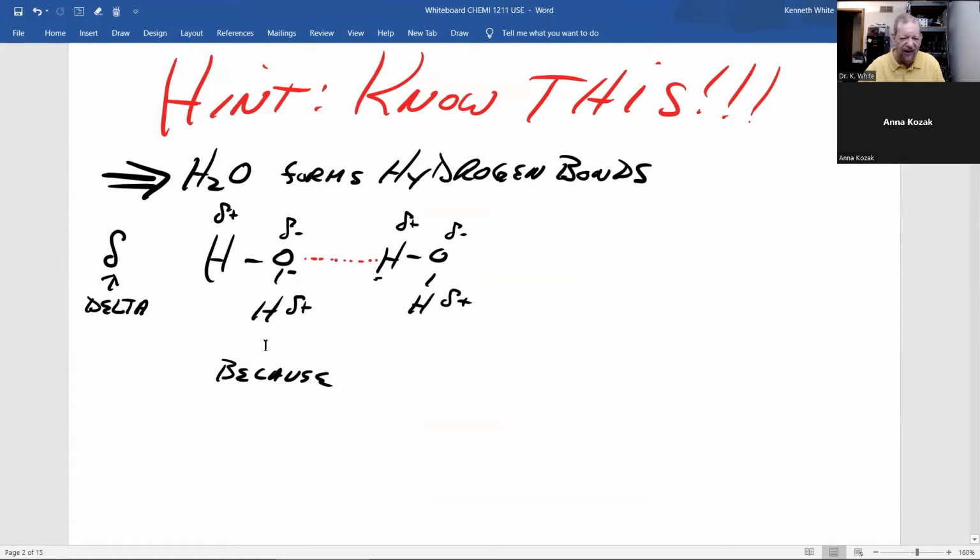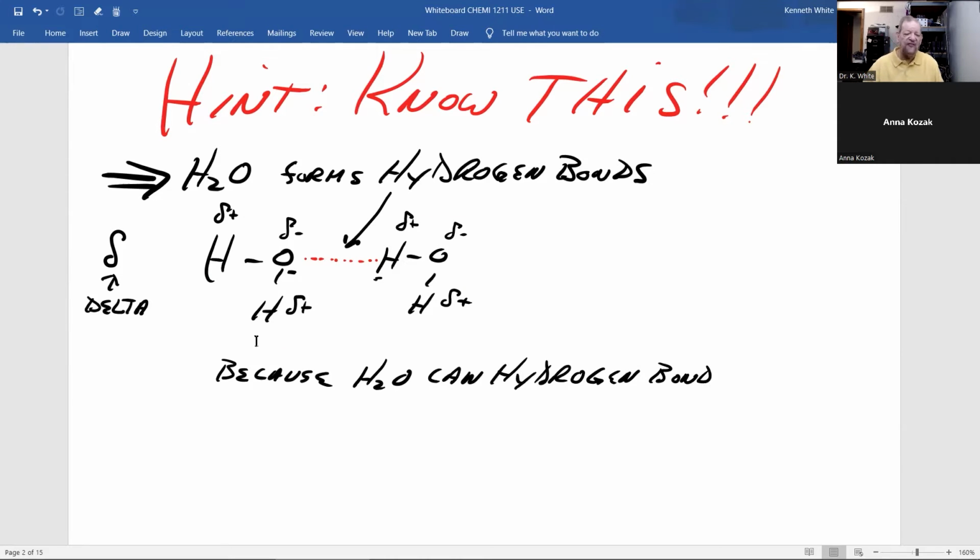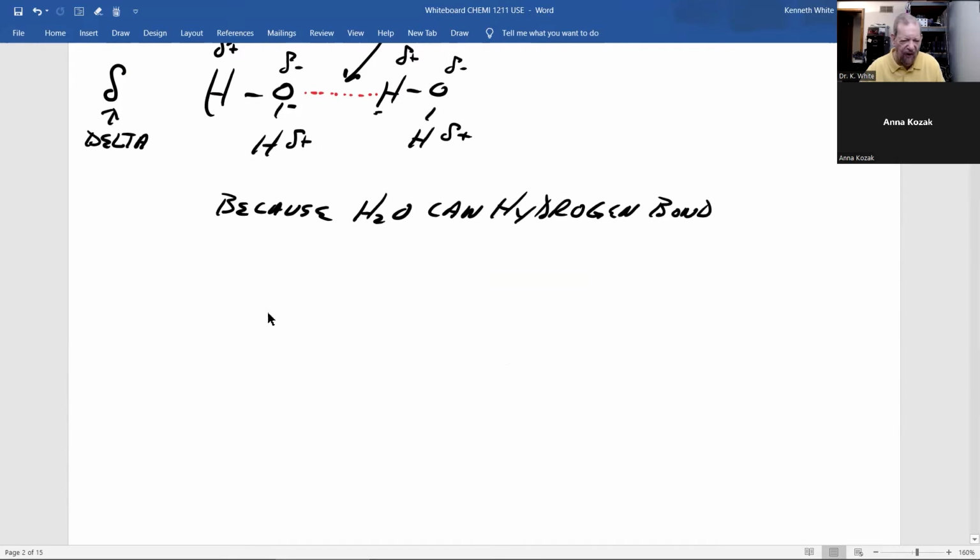And this is called a hydrogen bond. And because water can hydrogen bond with itself, this affects the physical properties of water.